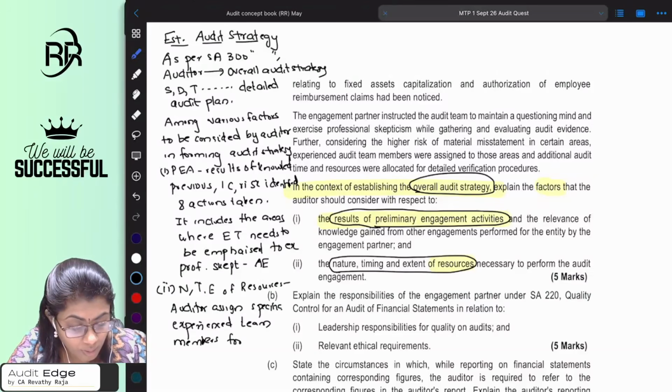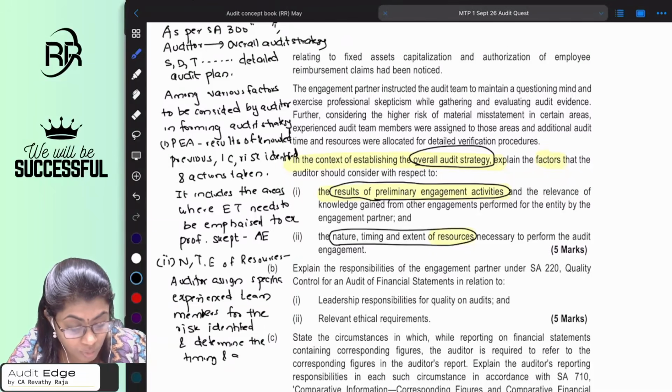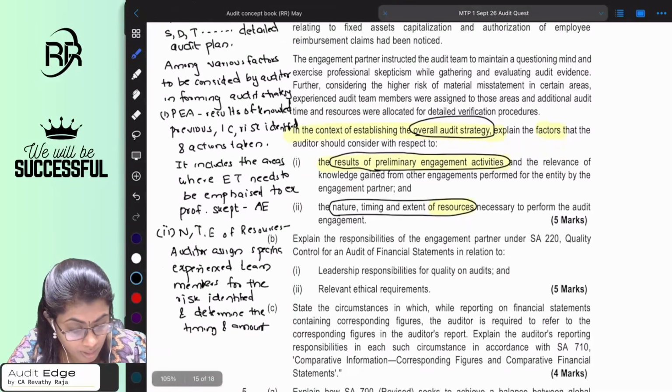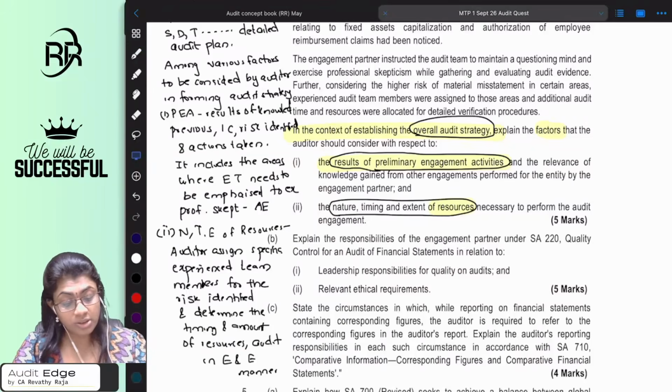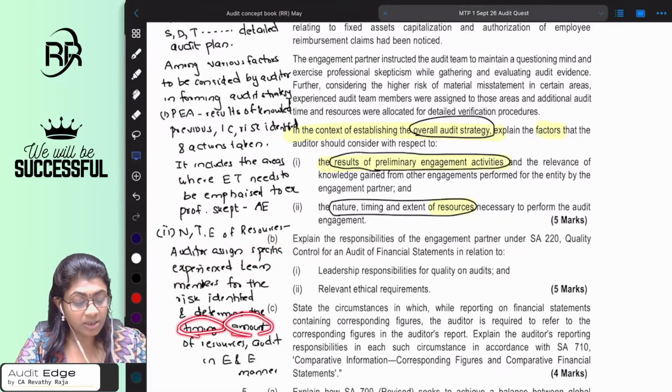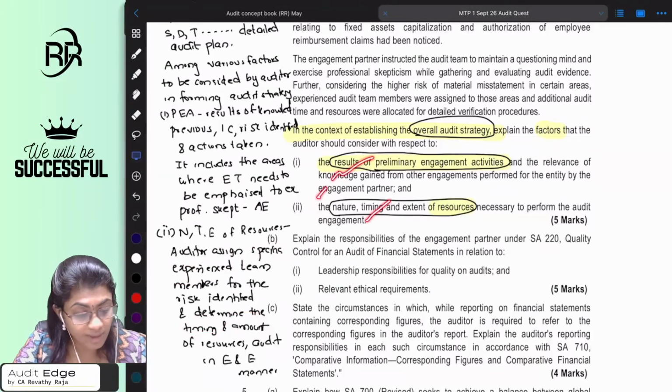For the risk identified areas, and determine the timing and amount of resources so as to conduct the audit in an effective and efficient manner. So that is nature, timing, and extent of resources, where the auditor shall assign an experienced and specific team for the risk areas and also determine the timing and extent of resources so as to conduct the audit in an effective and efficient manner. So that is what we have elaborated.